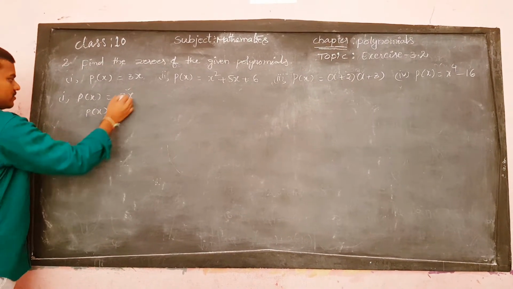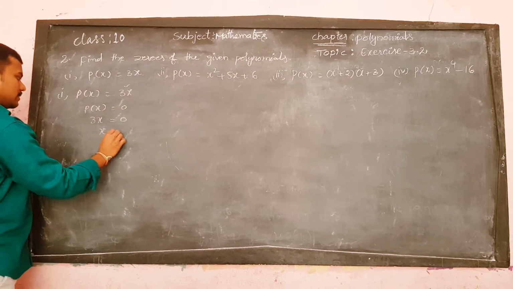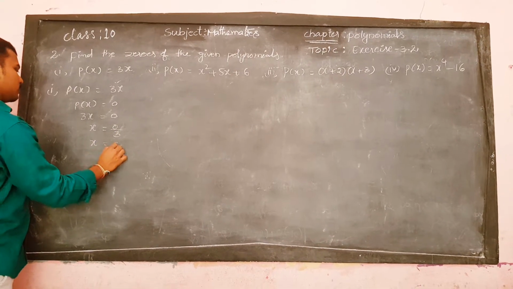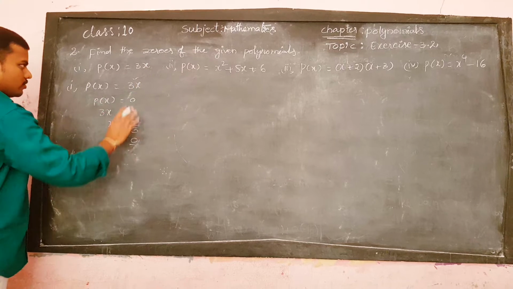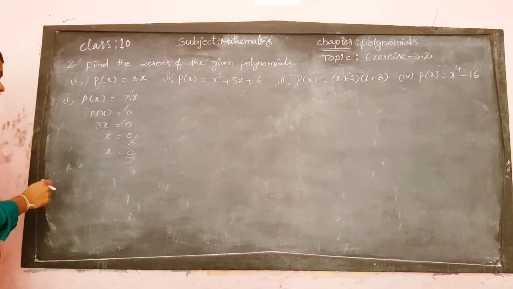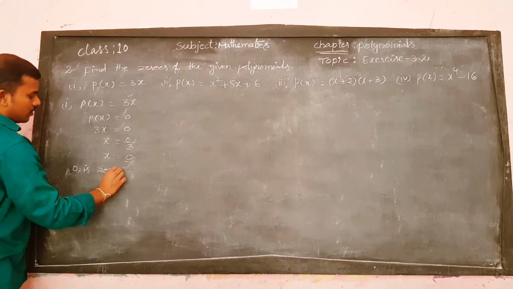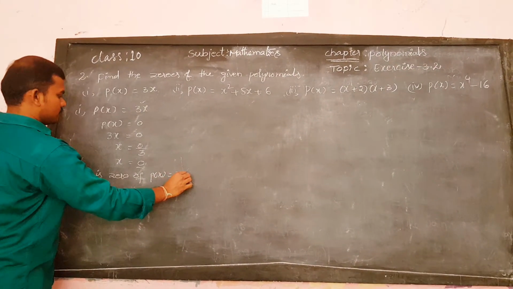So here p of x is 3x, so 3x equals 0, x equals 0 by 3, so x equals 0. 0 is the zero of the polynomial p of x equals 3x.